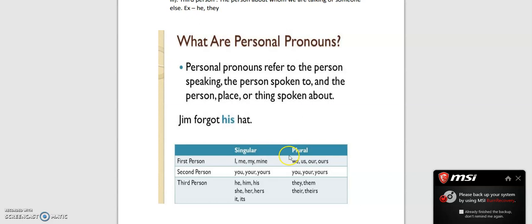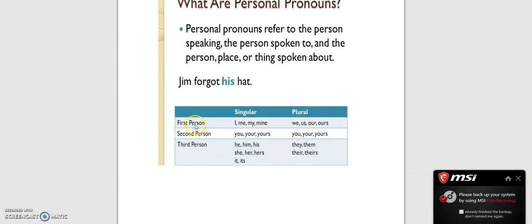Now, the examples. For first person, we have I, me, my, mine. In the plural form, we, us, our, ours. In the second person, we use you, your, yours in the singular form, and in the plural form, we use you, your, yours.